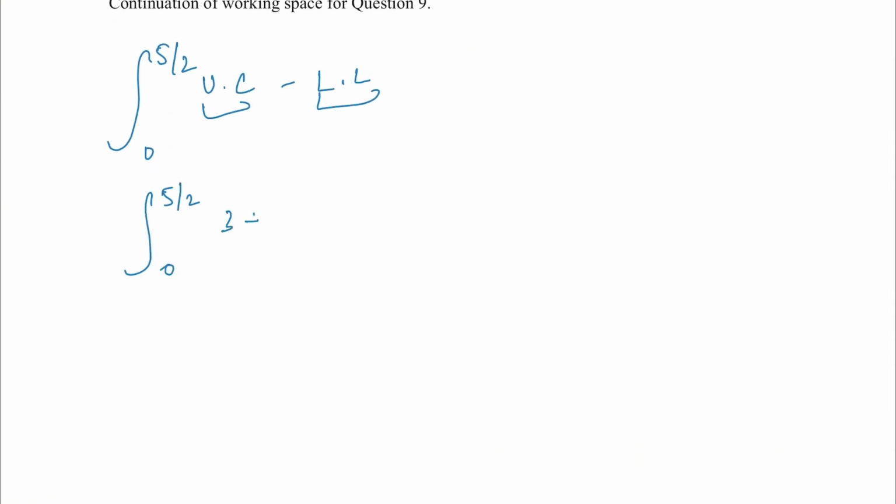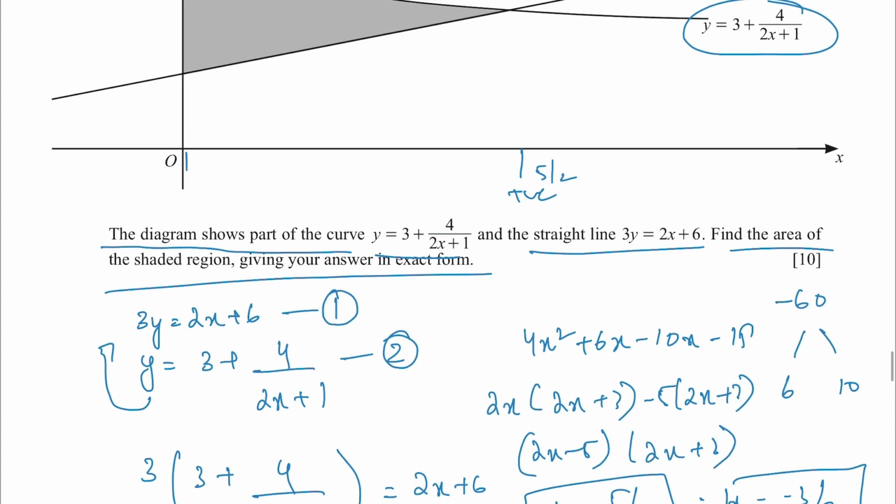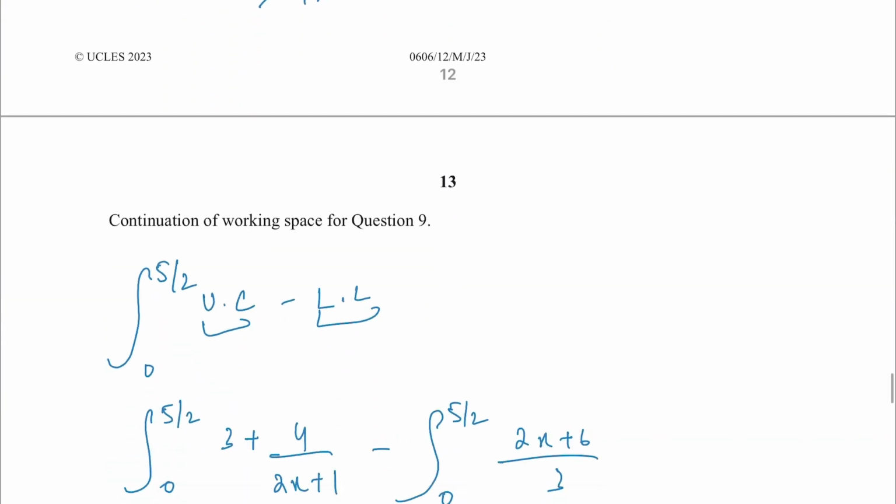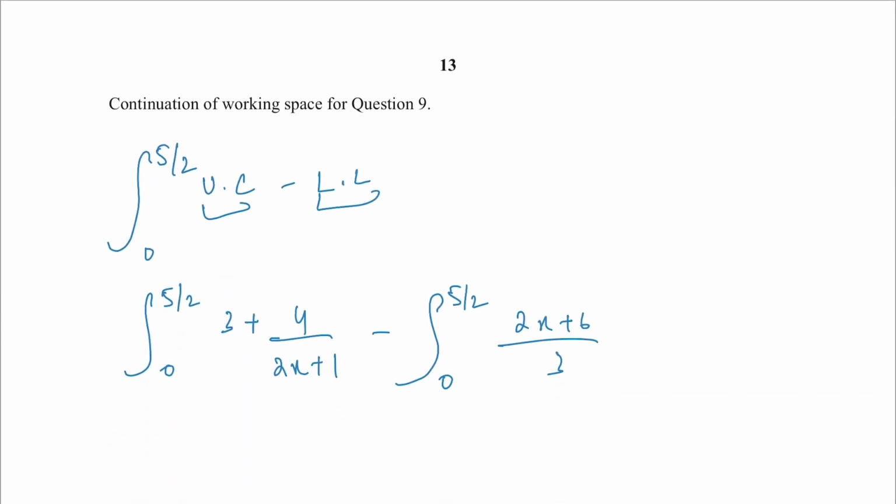So this would be 3 plus 4 over (2x plus 1) minus (2x plus 6) over 3, with limits 5 over 2 and 0. We have simply divided the equation by 3 to get the answer in x terms and make y the subject.